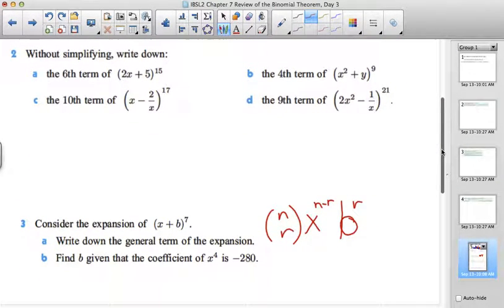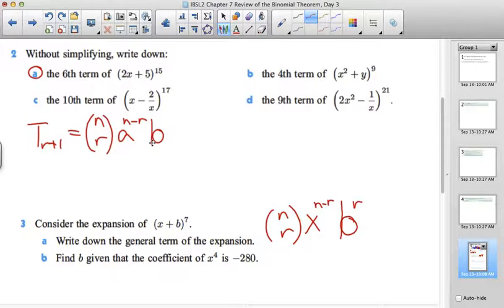Now, here it says, without simplifying, write down the sixth term of 2x plus 5 to the 15th. We'll look at letter A here. So if you recall, our general term, t sub r plus 1, is written as n choose r, and then a is always to the n minus r power, and b is always to the r power.